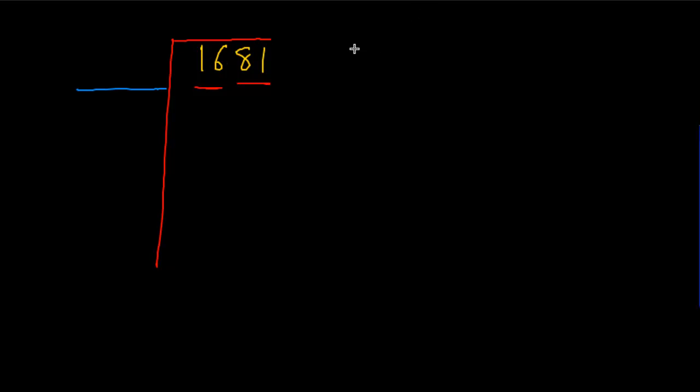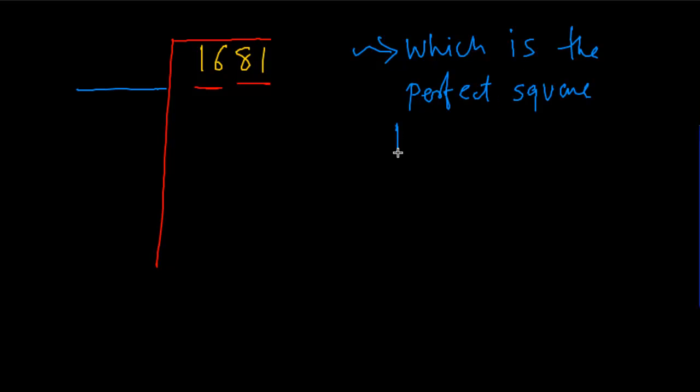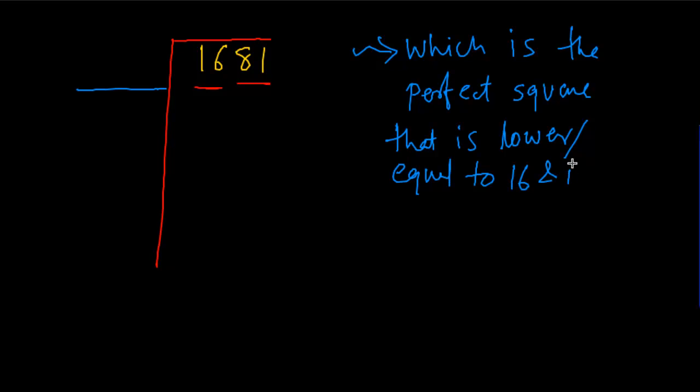The very first step is to ask yourself, which is the perfect square that is lower than or equal to 16 and is closest.